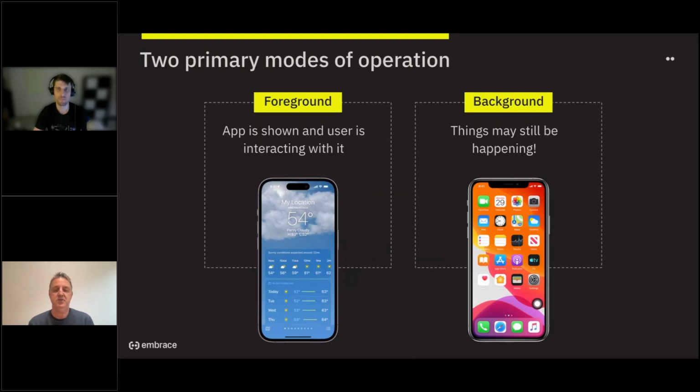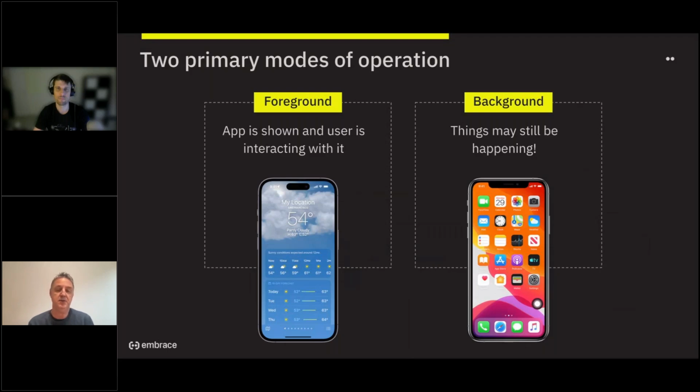It may be a case of shortly after you backgrounded the app, it's working to complete stuff that was started in the foreground. Maybe you're uploading a video. Those things are really challenging to understand because they happen outside the scope of when the user was interacting with it.